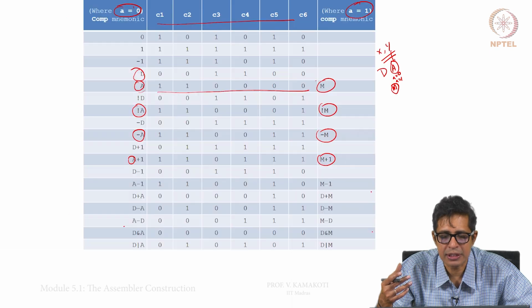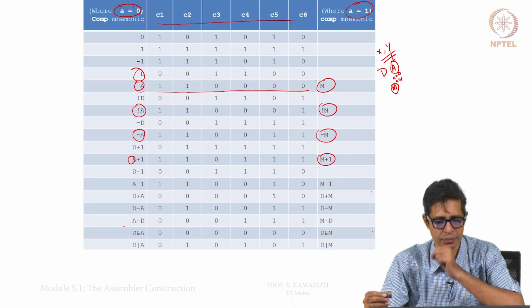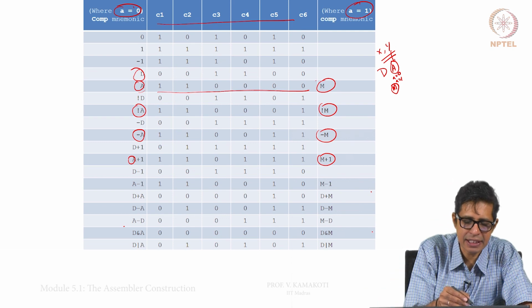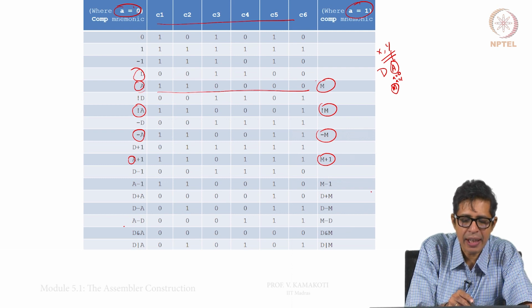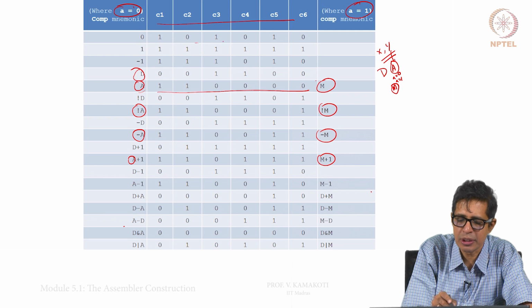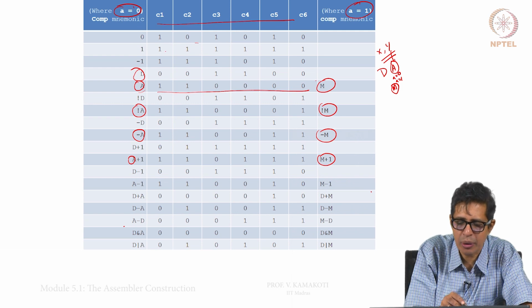These tables are very clear. If your comp is 0, then I have to put A equal to 0 and 1 0 1 0 1 0. If your comp is 1, then I put A equal to 0 and 1 1 1 1. If your comp is minus 1, I put A equal to 0 and this.